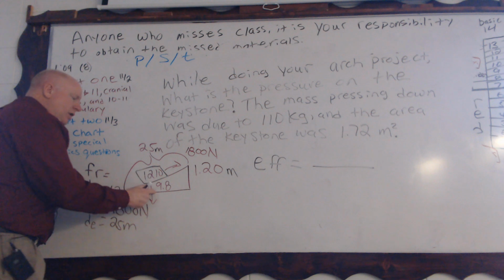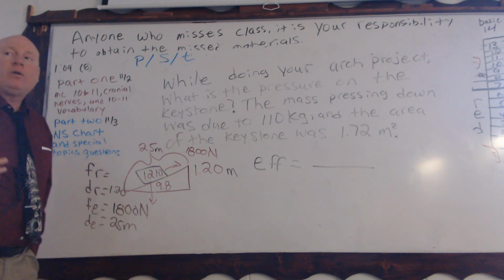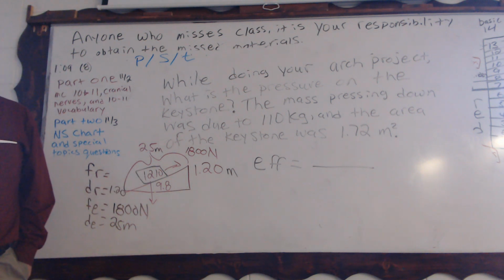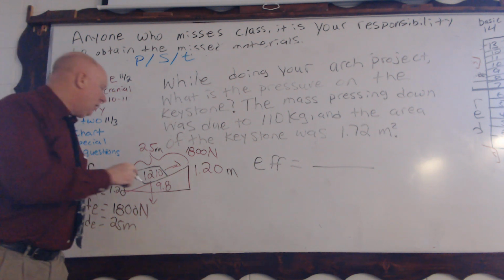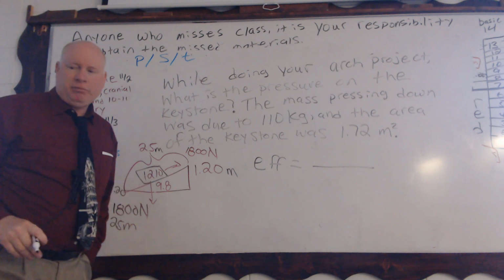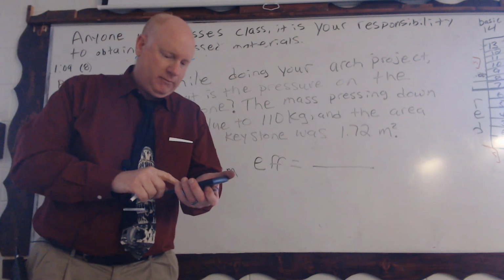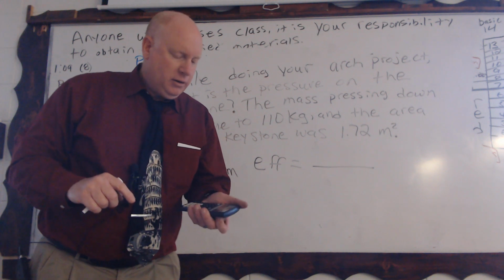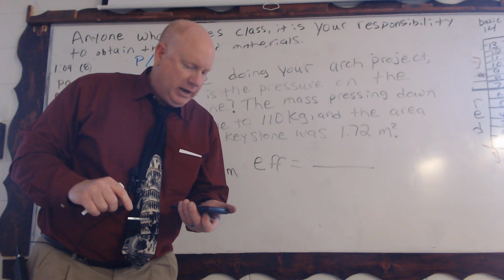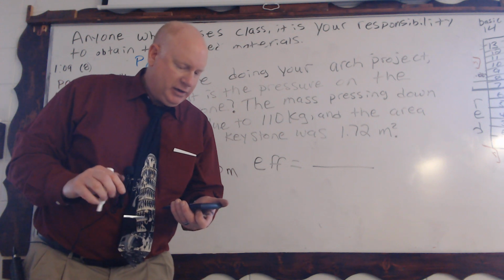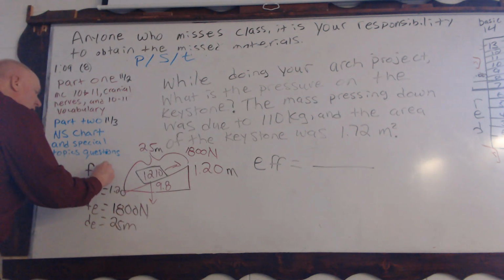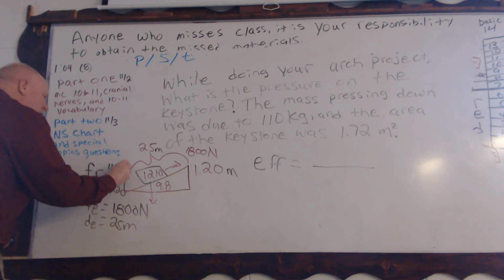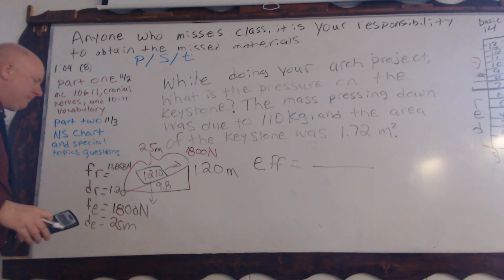So with these two numbers, what will you do with them according to your formula for force? You're going to multiply them, okay? So 1210 times 9.8, 1210 times 9.8, 11,858 newtons.